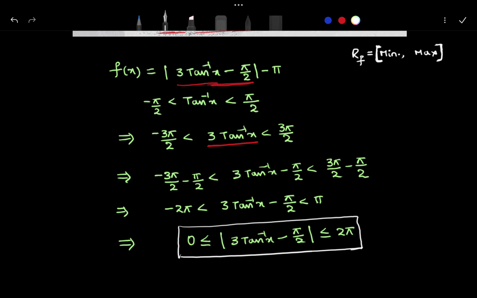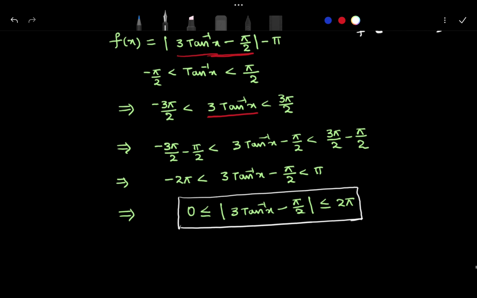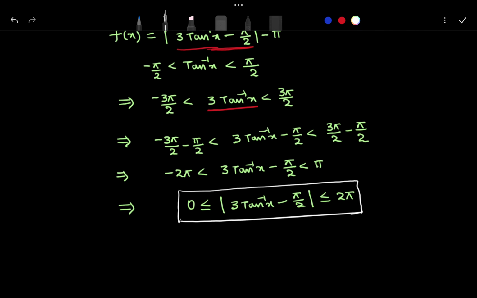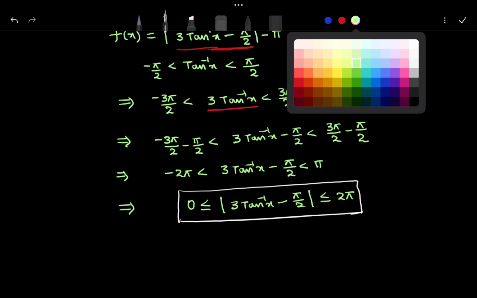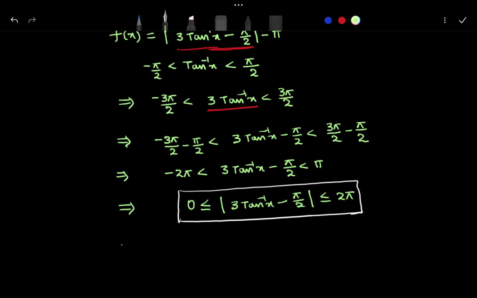So subtracting pi on both sides, it becomes 0 minus pi is less than or equal to modulus of 3 tan inverse of x minus pi by 2 minus pi, less than or equal to 2 pi minus pi.